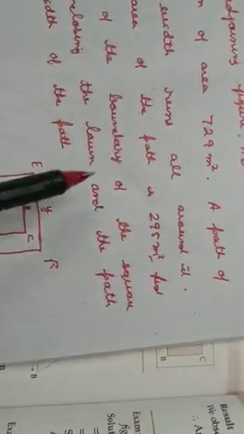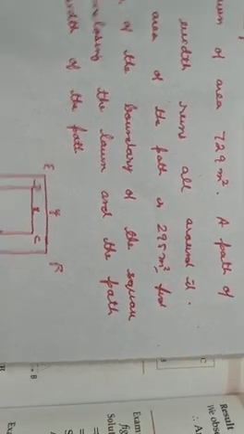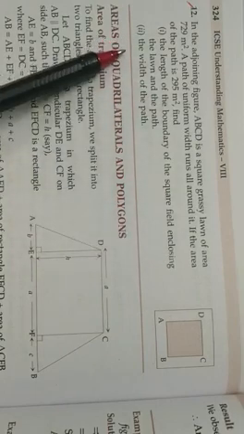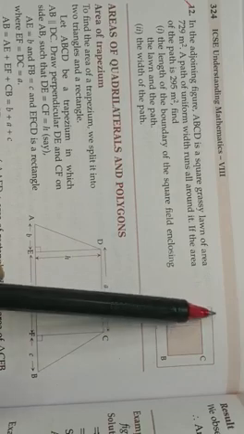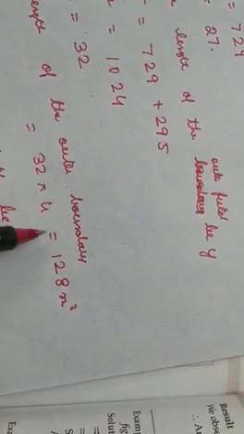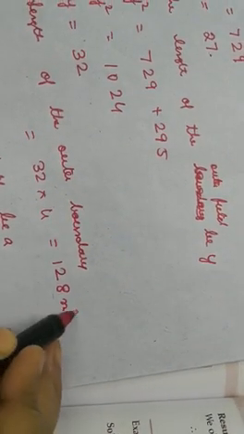So y was my outer boundary, isn't it? My question was, find the length of the boundary of the square field enclosing the lawn and the path. So this boundary is going to be 32 into 4, that is 128 meter.